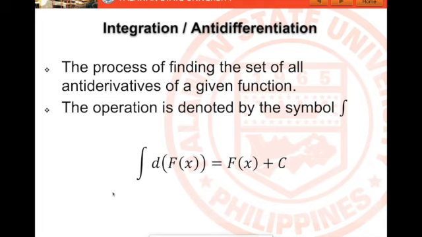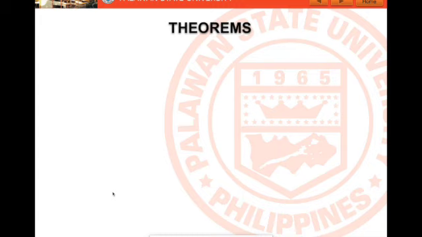Okay, so theorems. Before I go to theorems, I just want to give you some idea about the relationship and some applications of integration.